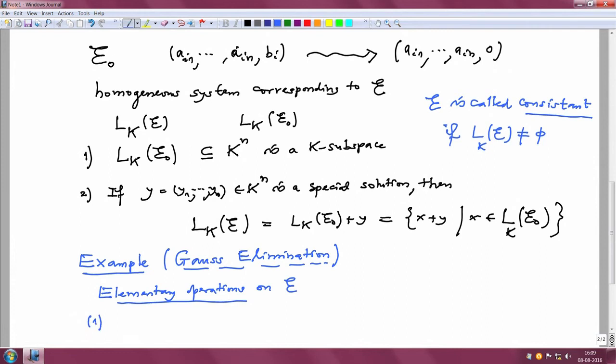First one of them is adding a multiple, means scalar multiple, of an equation in E into other equation.